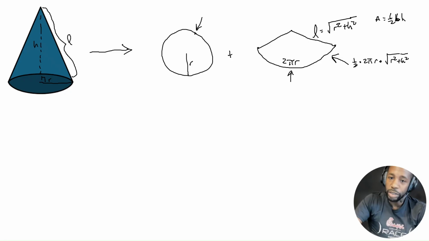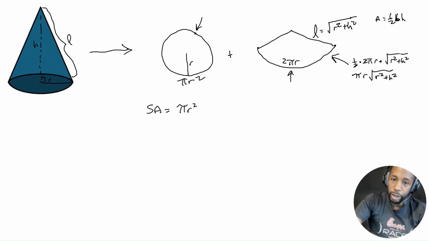Those twos cancel, and so this ends up being pi times r times L, which is just the square root of r squared plus h squared, which means, again, remember the area of this is pi r squared. So the surface area of a cone is pi r squared plus pi r times the square root of r squared plus h squared.